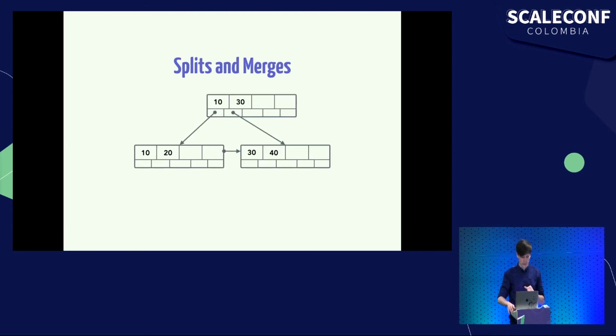When performing insertions, we first have to locate the target leaf. For that, we can use the algorithm that we just discussed on the previous slide. After the target leaf is located, the key and value have to be appended to it.